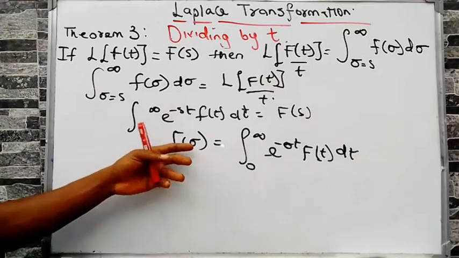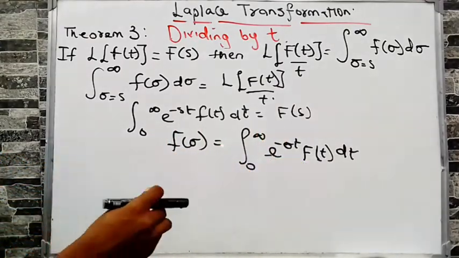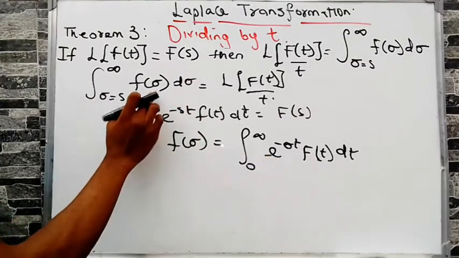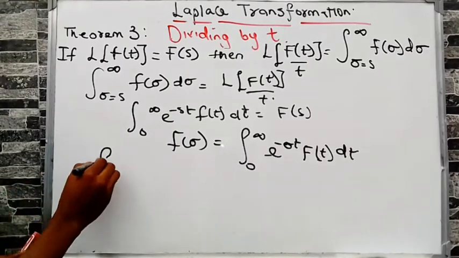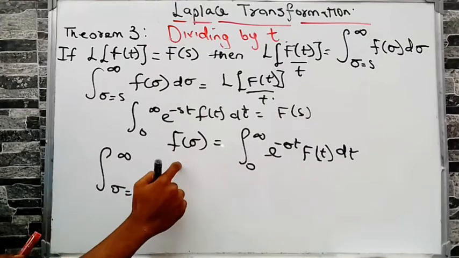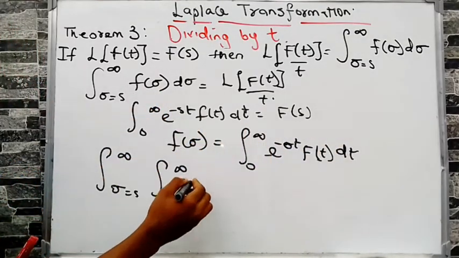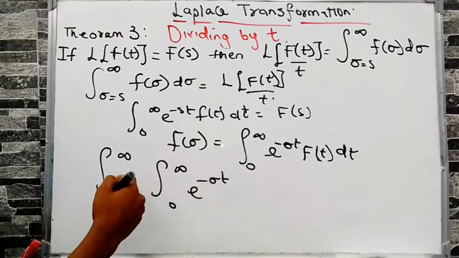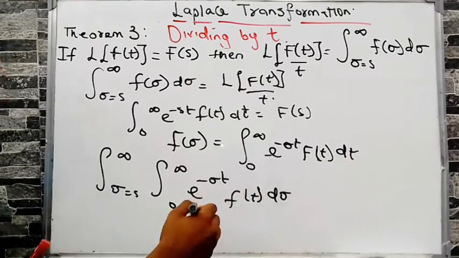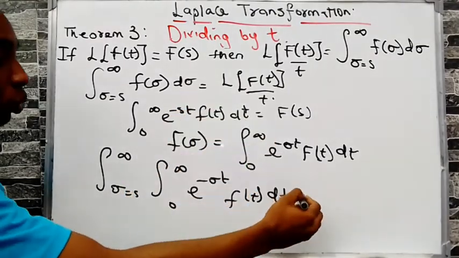Right? So now this function of this variable, I've expressed it as the normal Laplace expression. So instead of writing this, I'll substitute it inside this. Substituting this in this, we'll have the integral from this variable, which is equal to s, to infinity, of the integral from 0 to infinity of exponential minus that variable t, function of t, with respect to t, and don't forget the d of this variable.